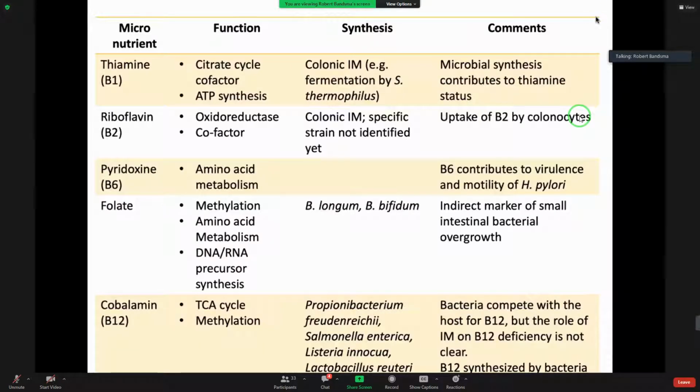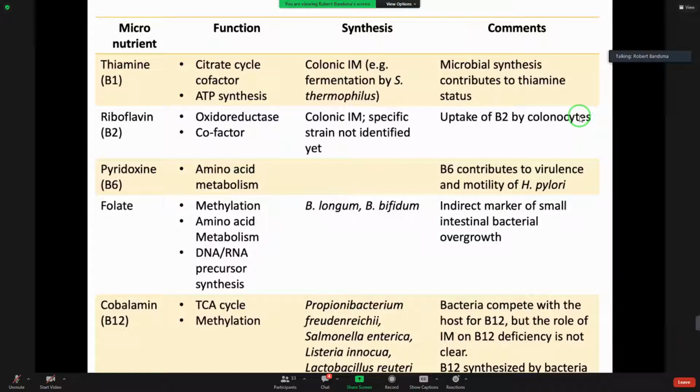But what's important to know is that the microbiome plays an important role in micronutrient homeostasis. Specific microbes play a role in the synthesis of specific micronutrients, for example, riboflavin, thiamine, and other B vitamins.